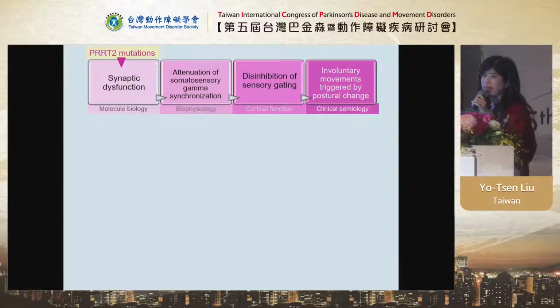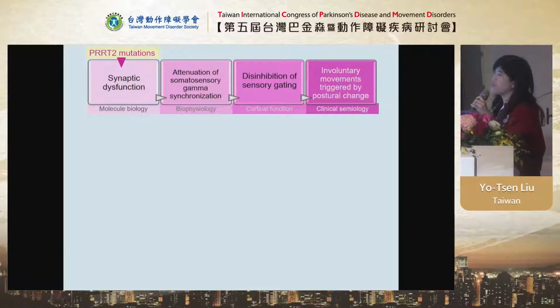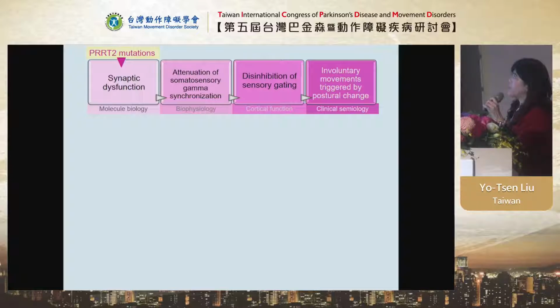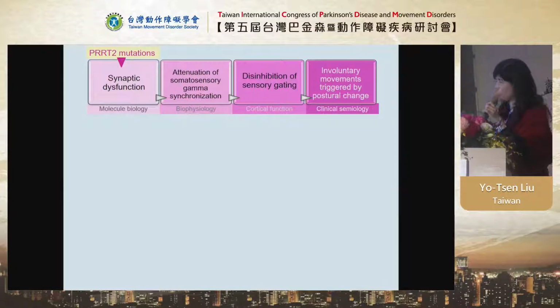So we try to connect the molecular biology, the synapse dysfunction, with the neurophysiological change. That's the attenuation of somato-gamma synchronization. So it will cause the brain function to have this inhibition of sensory gating. Clinically, we will see the involuntary movement triggered by postural change.